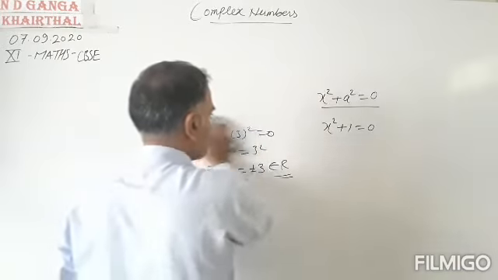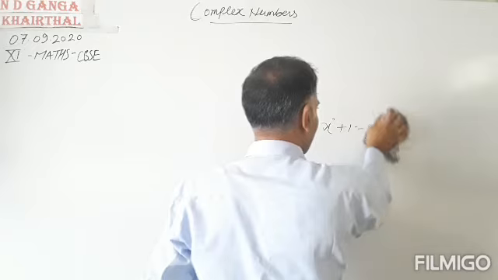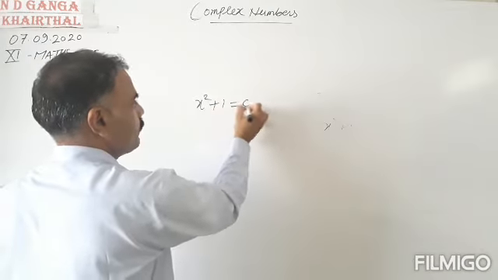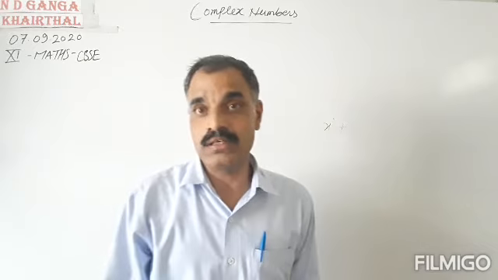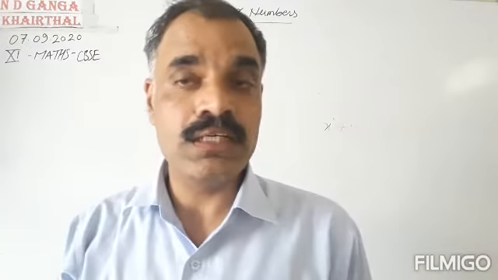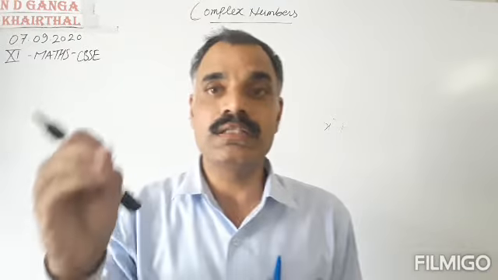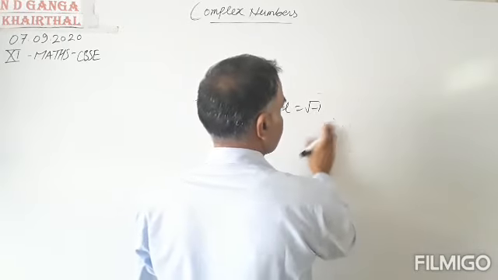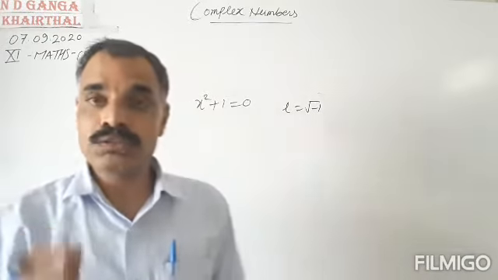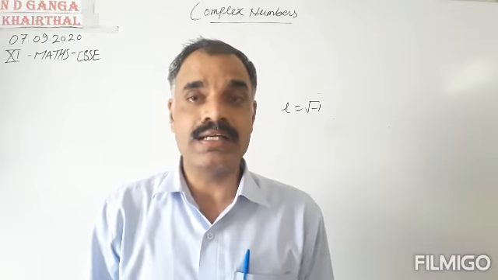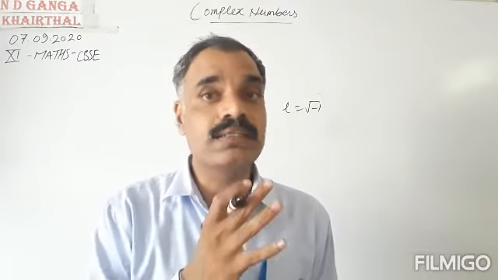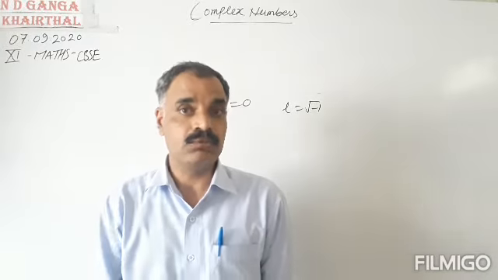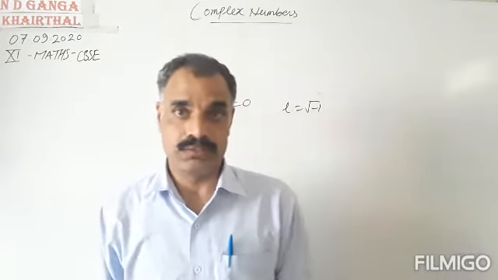Euler first of all solved the equation x square plus 1 equals 0, using the imaginary unit, that is iota equals under root minus 1. He used the imaginary unit iota equals under root minus 1. Euler was the first mathematician who solved such type of equations.